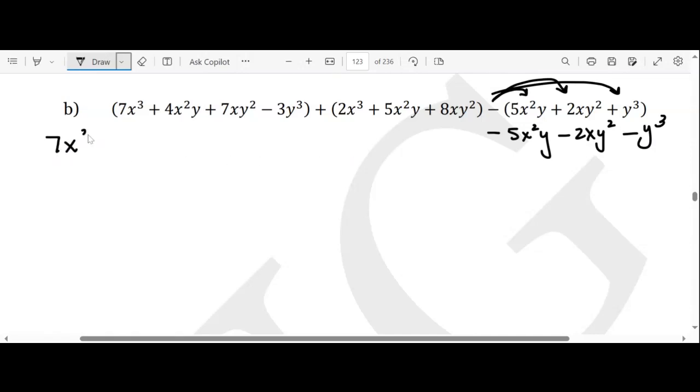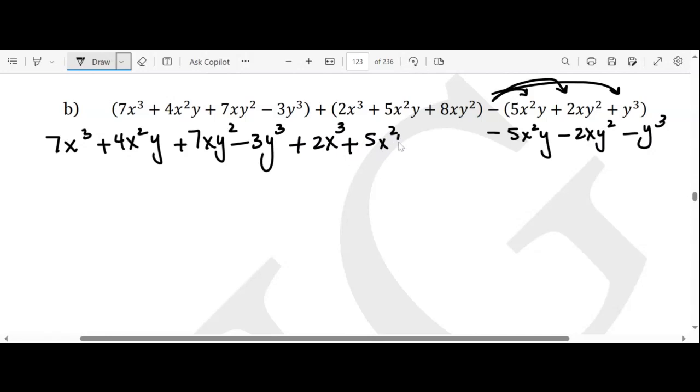And I'm going to write this again. So let's put the colors.